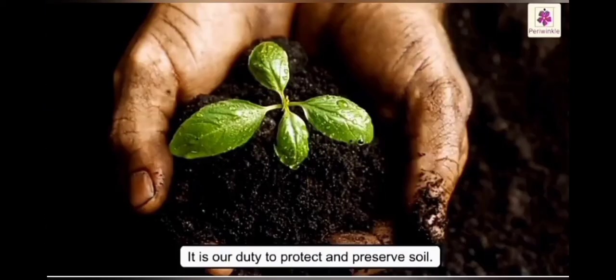It is our duty to protect and preserve soil because it is very important. Big pieces of rocks are broken down by wind and water into smaller pieces till we get a fine powder. This process is called weathering.